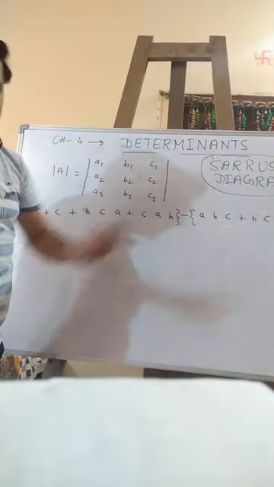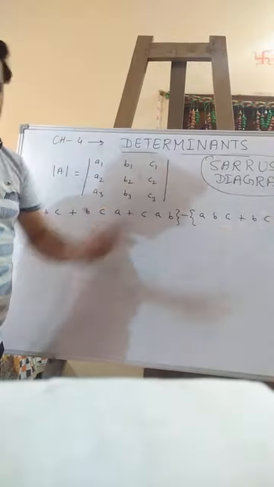Now the third term, C1 A2 B3, that is C1 1, A2 2 and B3 right here 3. Okay. So the first column according to Sarrus diagram we can write like this.